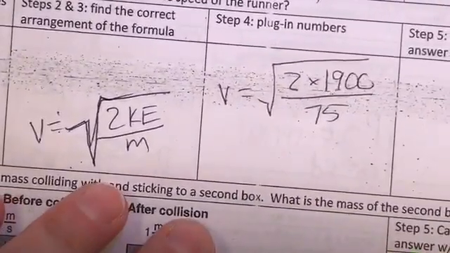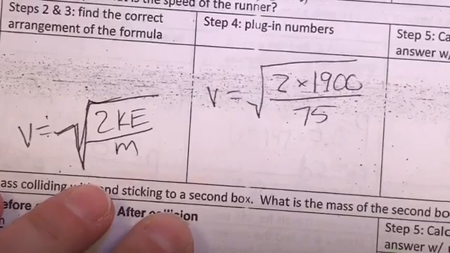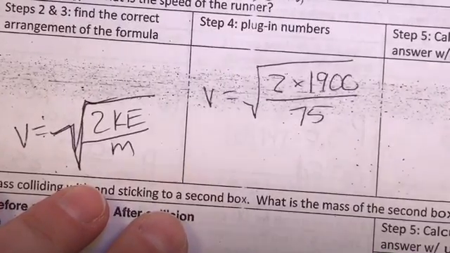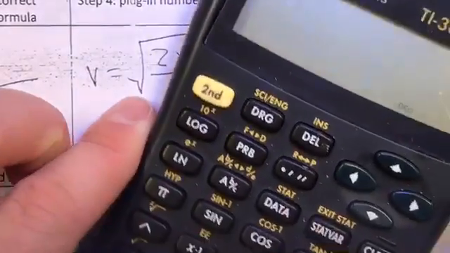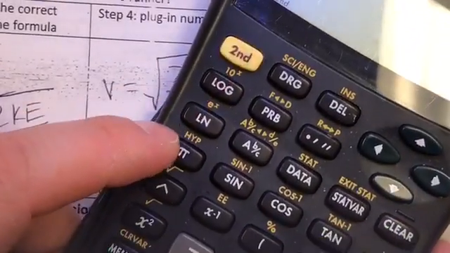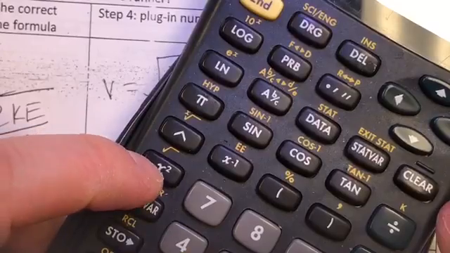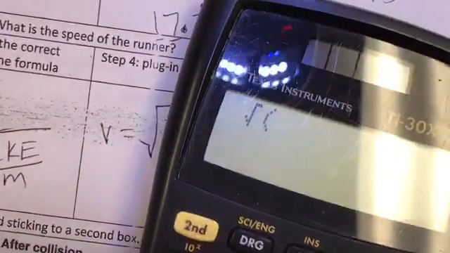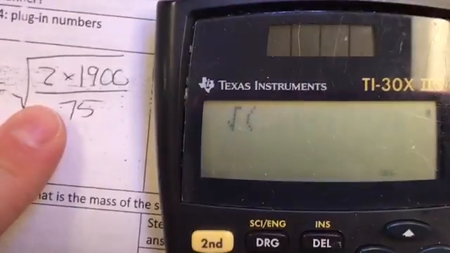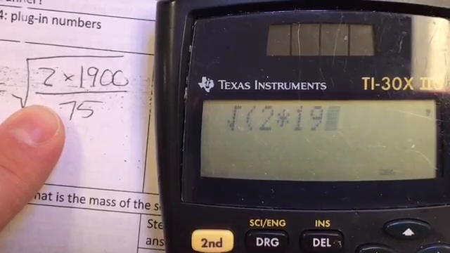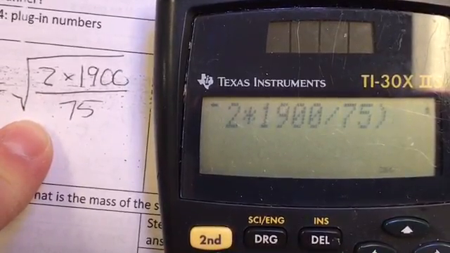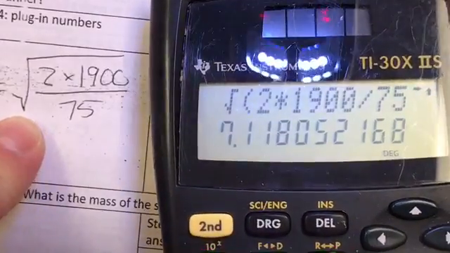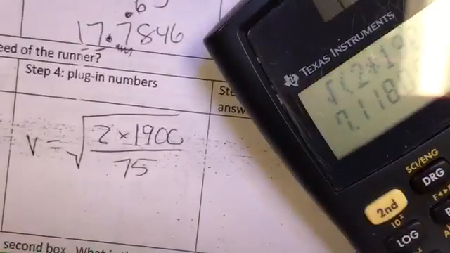You need to make sure that it all goes into the square root. On these calculators, square root symbol right here, hit the second, come down to about next to the 7. That gives you the square root. Type it all in. 2 multiplied by 1,900 divided by 75. Close the parentheses. Calculator gives you a beautiful answer.